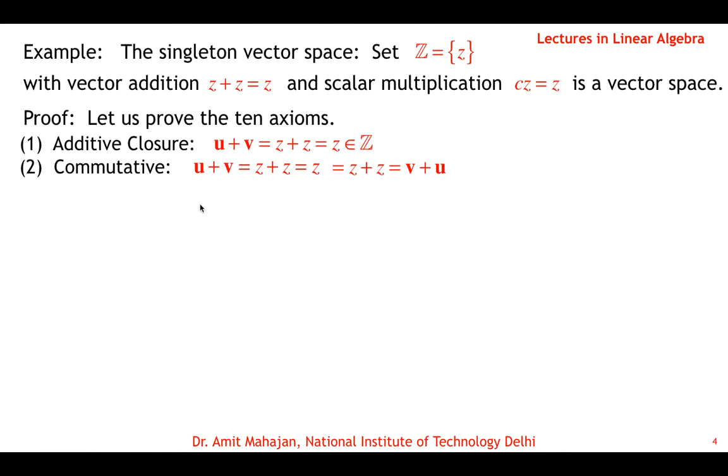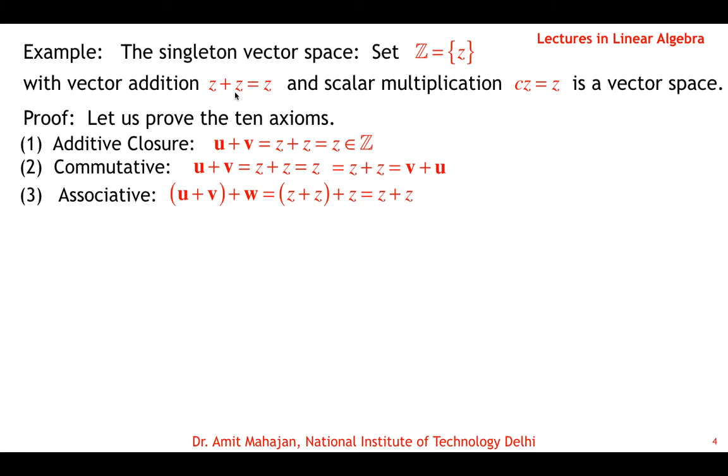The third property is associativity. Again we start with the left hand side, u plus v plus w. Again u is a vector of capital Z, but there is only one element, so u has to be z, v has to be z, and w has to be z. Now we first solve the bracket, and because z plus z is z, this quantity is z, and so this plus z.